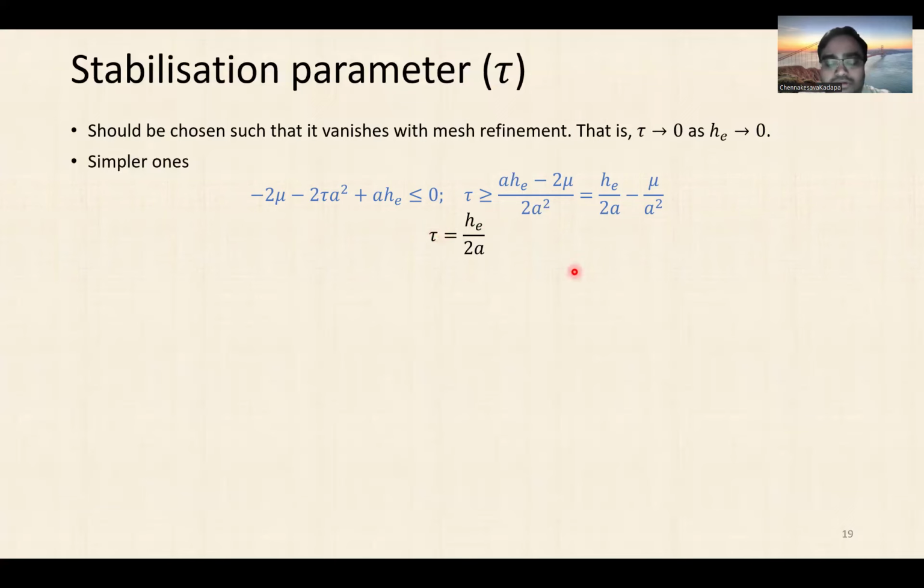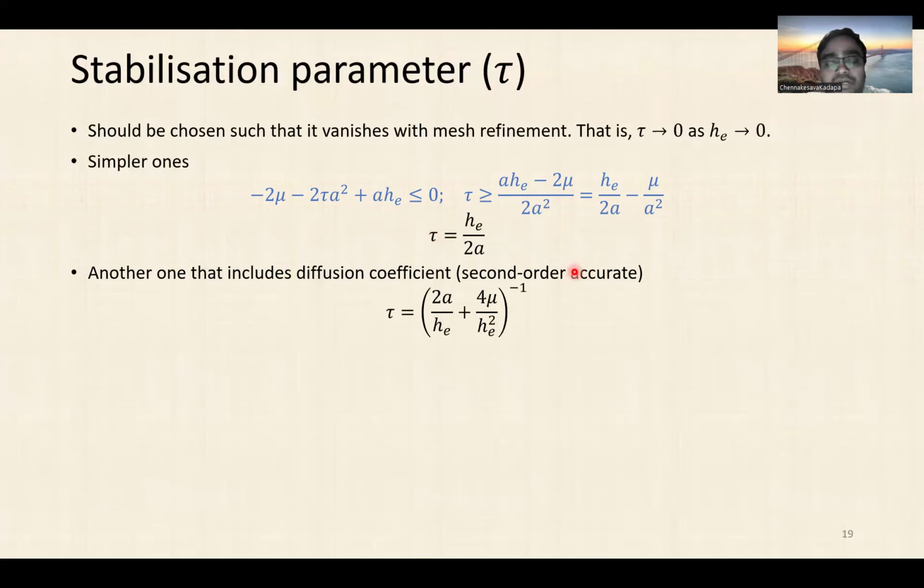There are also more complicated expressions for tau. For example, this one gives second order accuracy, and it also includes the diffusion term in a much better way.